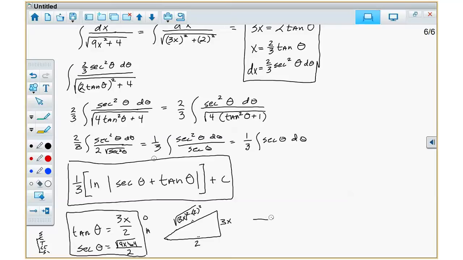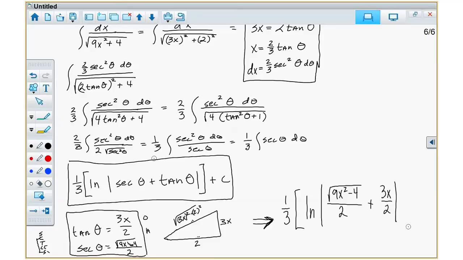So, 1/3 natural log, secant is the square root of 9x squared minus 4 over 2. Make sure I copied that down right. Plus, what's the tangent? Tangent is 3x over 2, plus c.